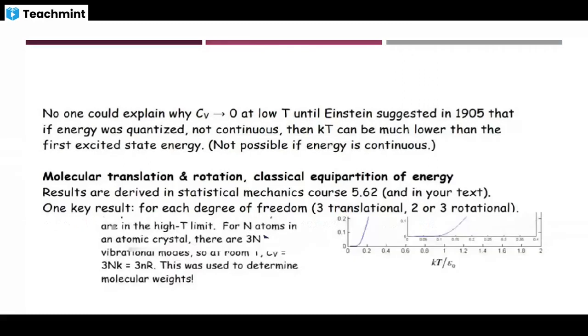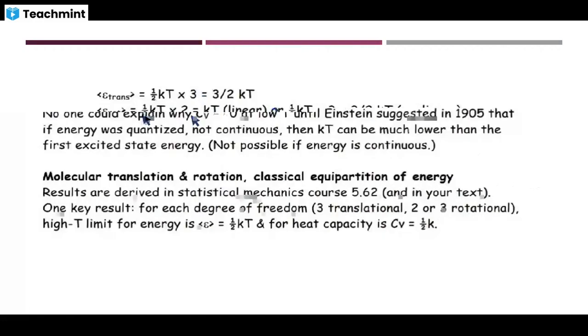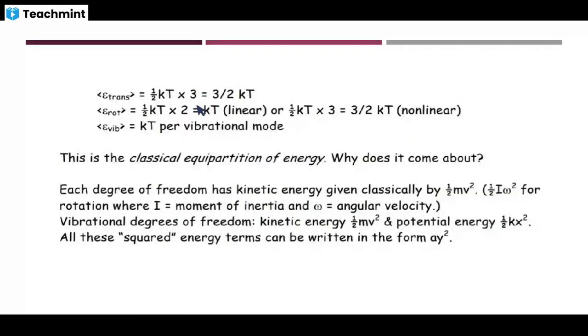So translational it is times 3, that is 3 by 2 kT. For rotational, for linear only 2 rotations are available, so times 2. For non-linear, 3 rotations, 3 by 2 kT. For vibrational, kT per vibrational mode. This is the classical equipartition of energy.